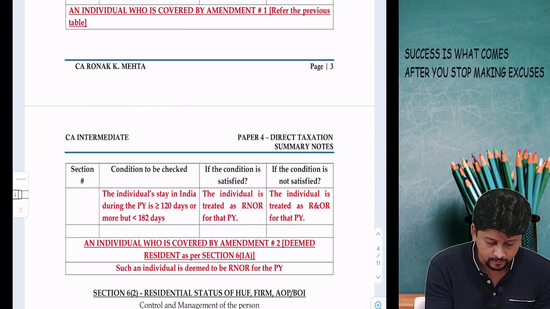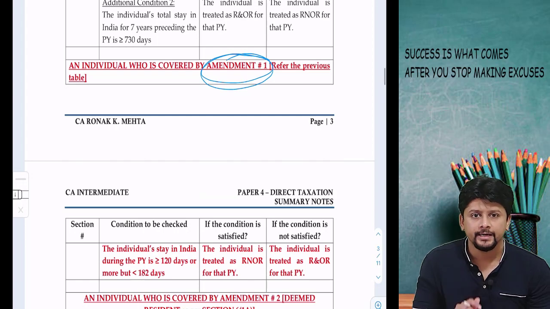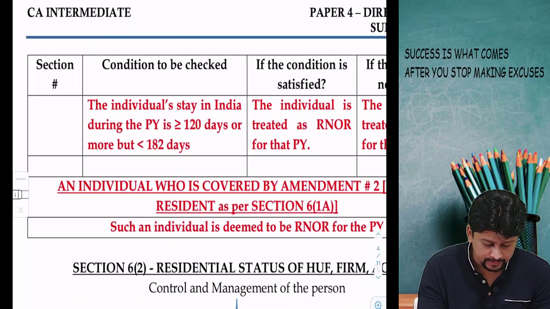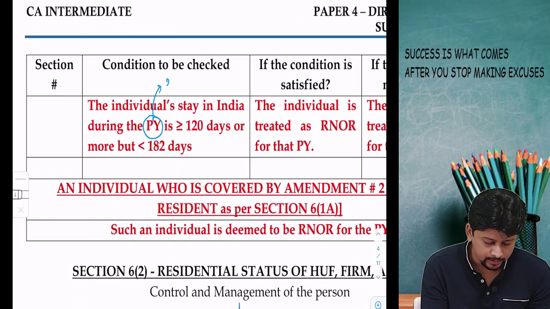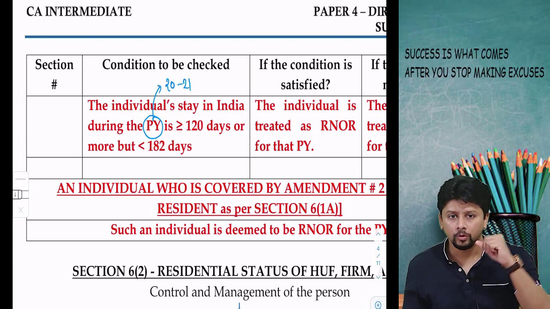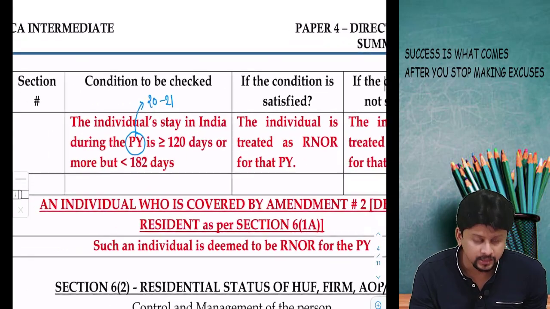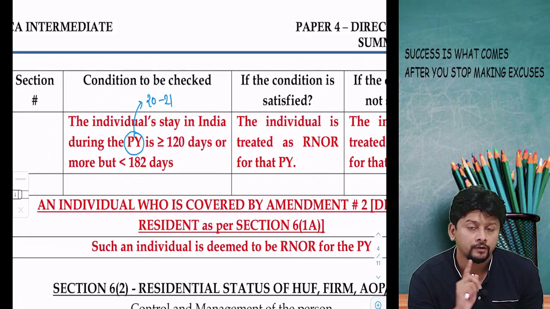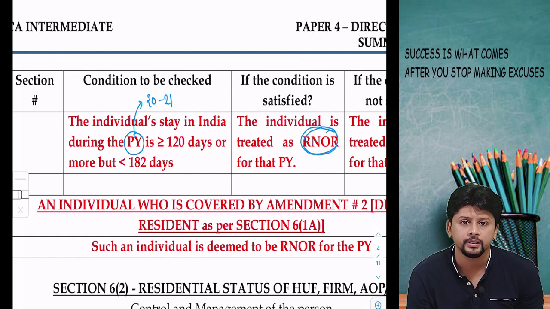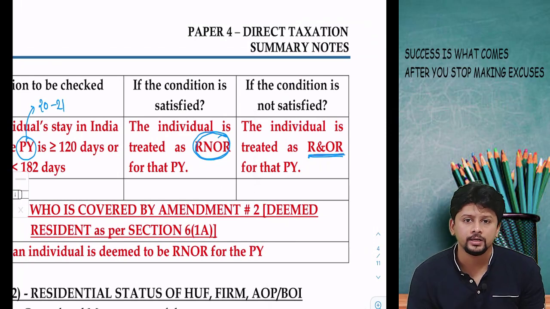An individual who is covered by amendment number 1, if the individual's stay in India during the previous year 2021 is minimum 120 days or more, but less than 182 days, that means the individual is becoming resident because of our modified basic condition 2, then the individual will be treated as resident but not ordinarily resident. Otherwise, the individual is treated as resident and ordinarily resident.